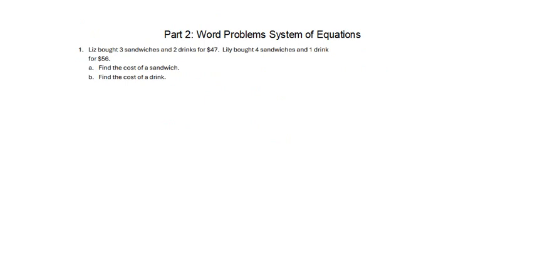Liz bought 3 sandwiches and 2 drinks for $47. Lily bought 4 sandwiches and 1 drink for $56. And we're looking for the cost of a sandwich and the cost of a drink. So for this, I like to come up with an equation for Liz and an equation for Lily. If we start with Liz, that means we're going to have 3x plus 2y equals 47.